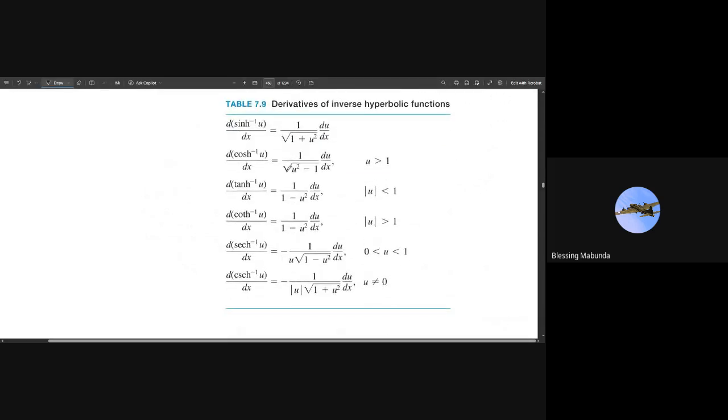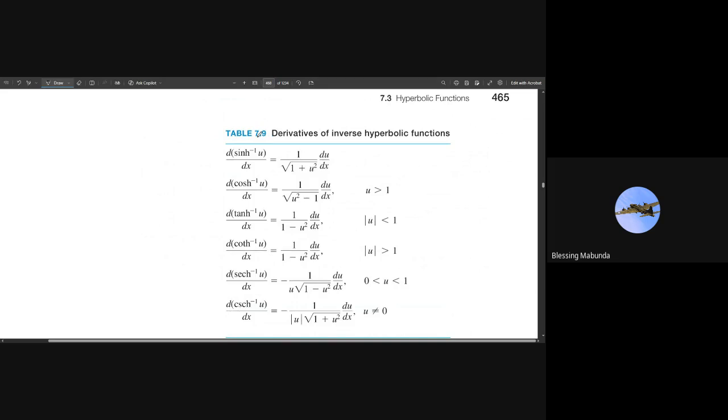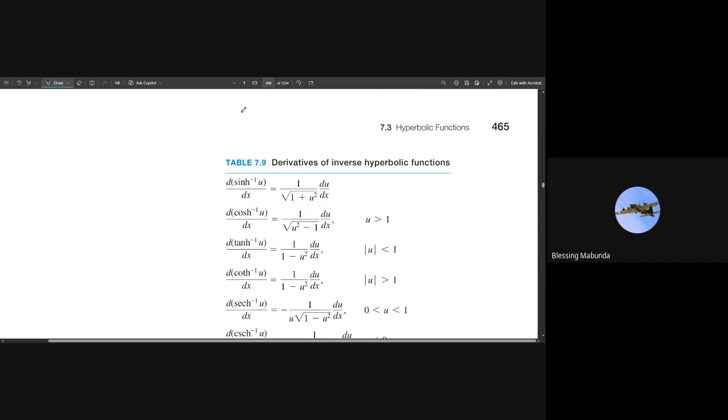So the derivative of this sinh here, the inverse, you know how to do that, right? You had your sinh initially, where I presented that to be this here divided by 2.